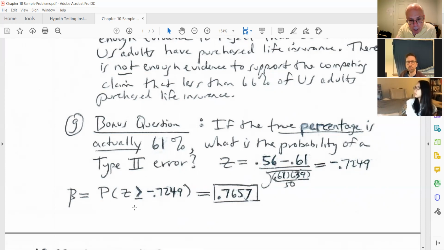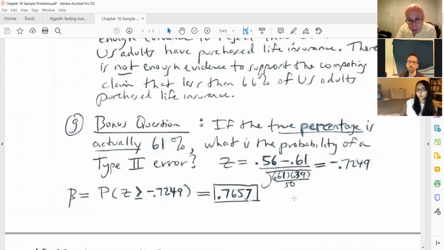That's going to be the probability of type 2 error. The probability of type 2 error is specifically with reference to this 61%. If we know the actual population proportion is 61%, the probability of a type 2 error is the probability that Z is greater than this test statistic. And that's 0.7657. So this is a very high type 2 error here.